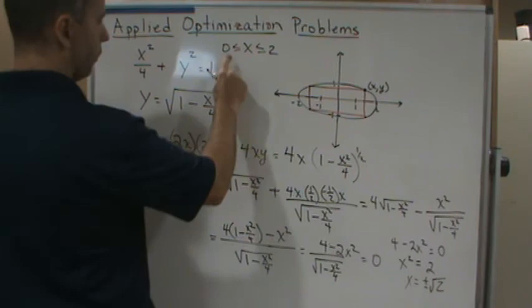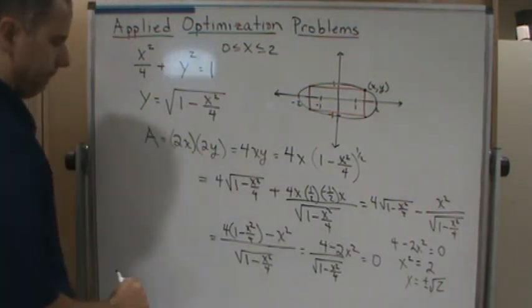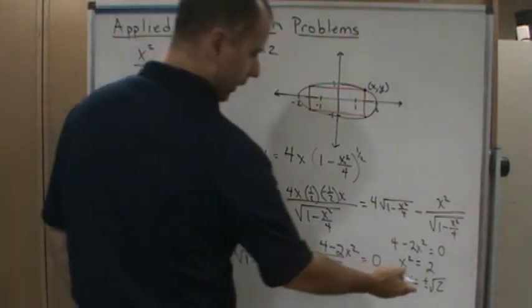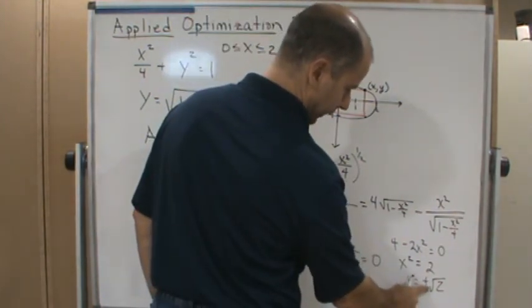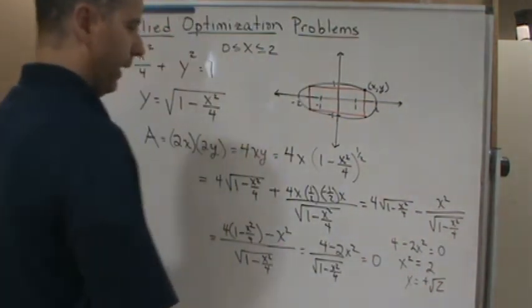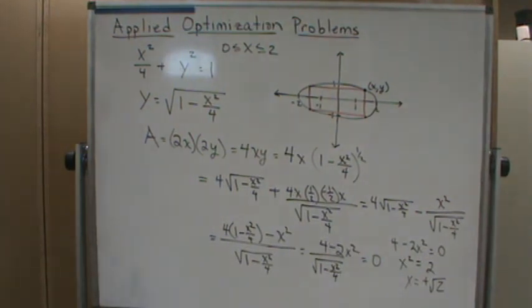Okay, so the domain is this. Negative square root of 2 is not in the domain. So x equals the positive square root of 2.